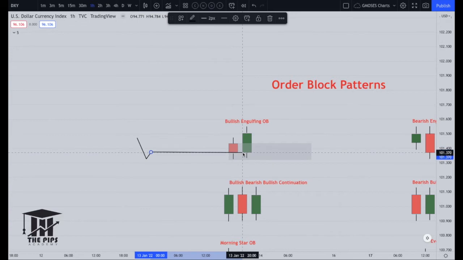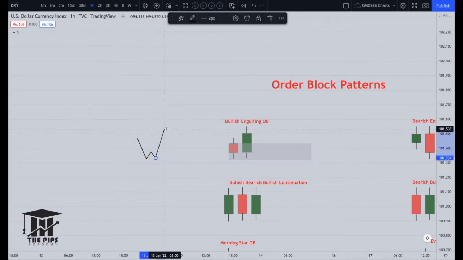Price will open here and go down, which is the wick you see on the green candle, and then price will create a new high. When you see this in the market, it creates a break of structure, because on a lower time frame it actually broke this structure here.